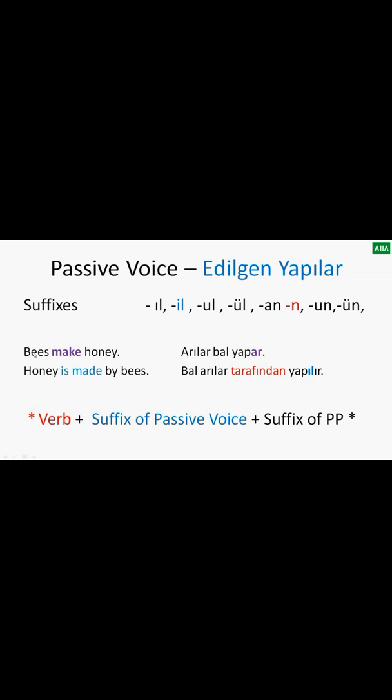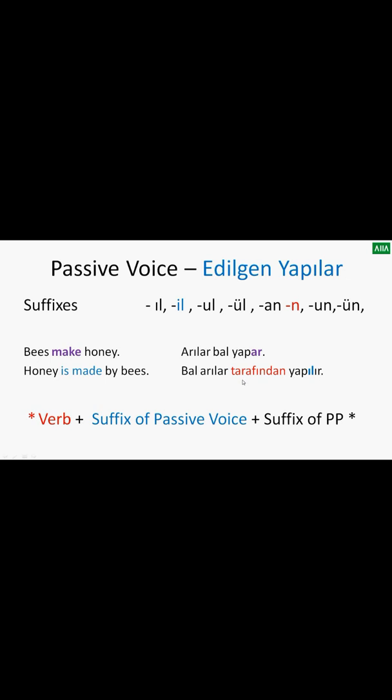We know who makes it. So, bees. But if you don't know, and if not important actually, if you want to focus on the object here, that becomes then passive voice. Honey is made. This is the passive voice. But by who? By bees. So bal arılar tarafından yapılır.